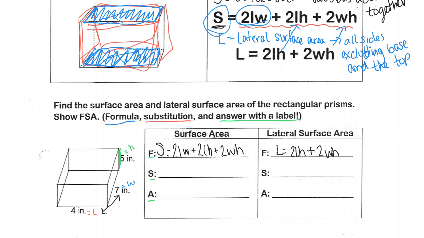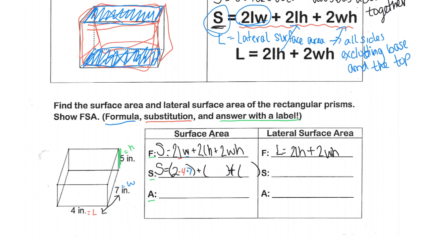So we have surface area equals 2. I'm going to start by putting these in parentheses, and we want to put each one in their own set of parentheses. So this is length times width, so we do our 4 times 7 in there.